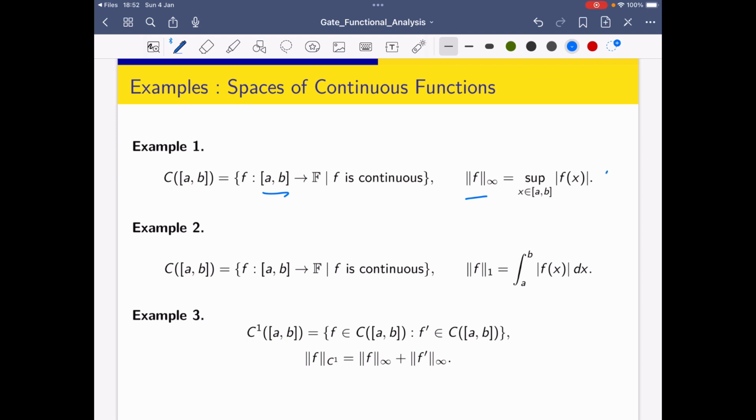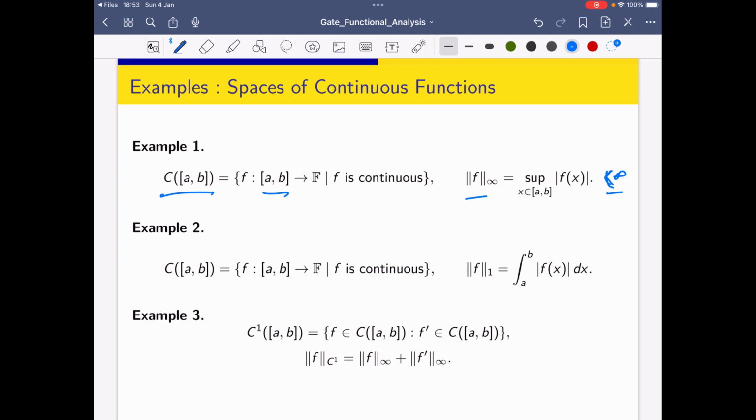And you know that this is finite because f is a continuous function, and you also know that this is positive, and you can check all the properties of the norm here. So you have a vector space here, and you defined a function which is a norm. So you can see that this C[a,b] is a norm linear space.